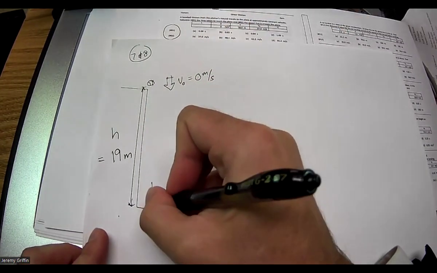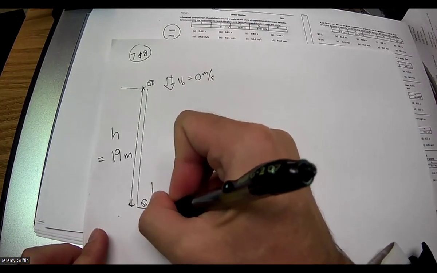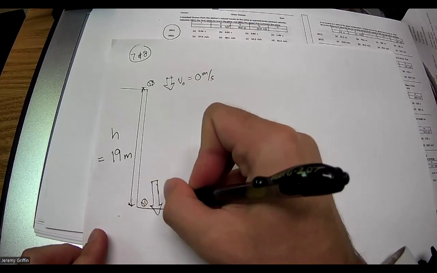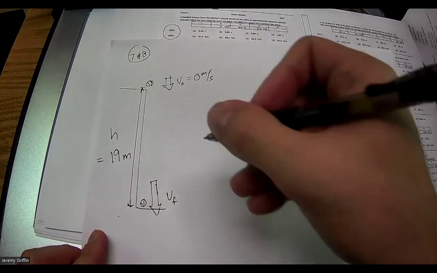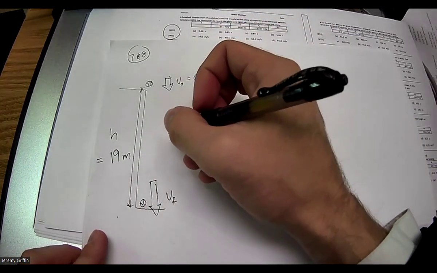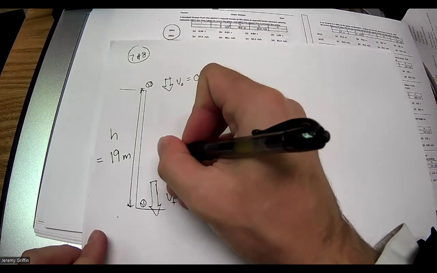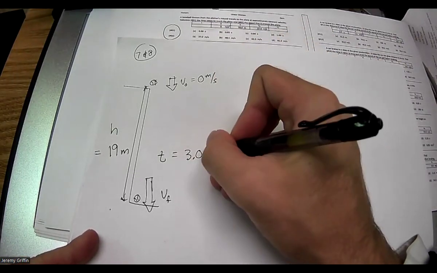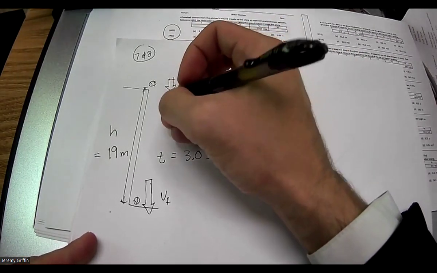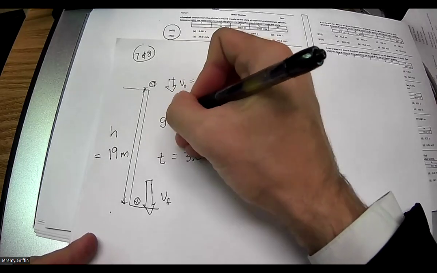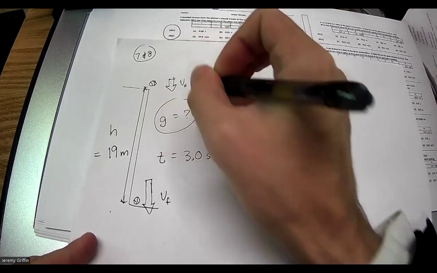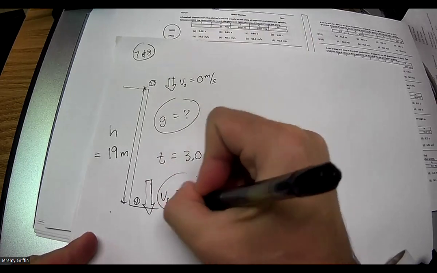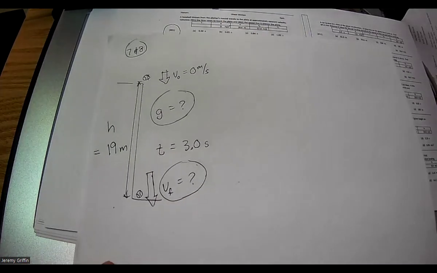But then this ball is going to crash at some final velocity that we can solve. Somebody brought a stopwatch, and my paper says it took 3 seconds. Along the way, we'll be able to determine the gravity field. So what is the gravity field? What is the final velocity? That's what we're solving for.